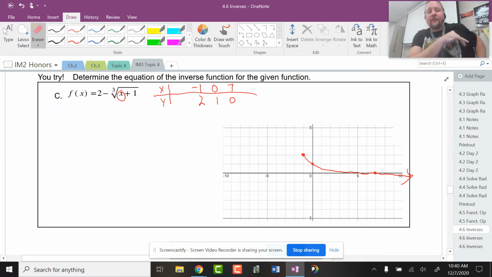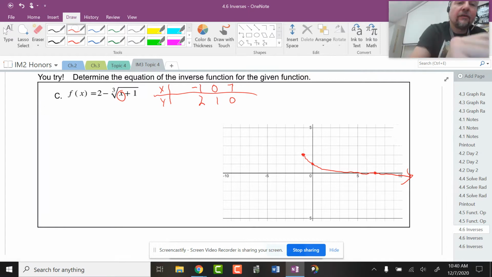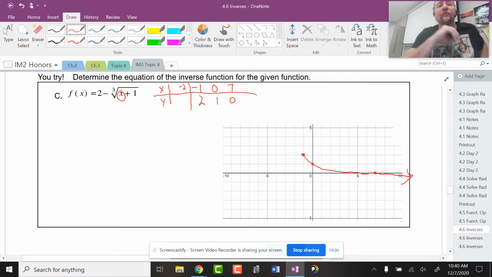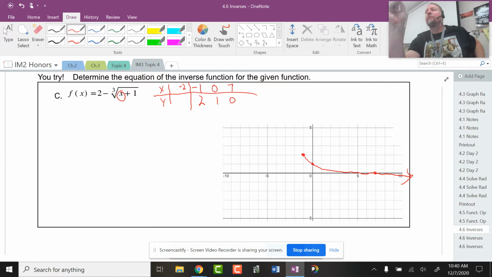So what would be the next nice one that works? No, negative 7 plus 1 is negative 6. And you're missing one. It's negative 2. Because what's negative 2 plus 1? What's the cube of negative 1?